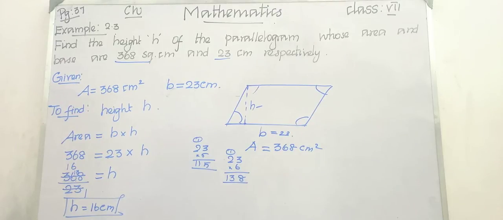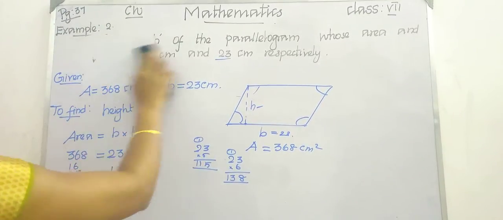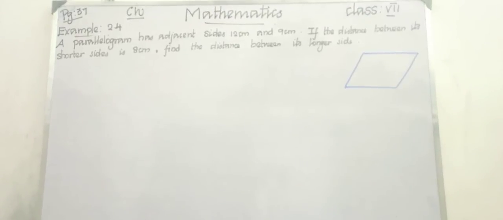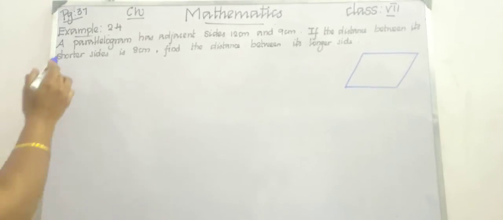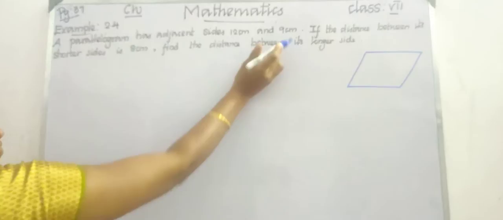After completing this one, let us see example 2.4. Read the question. A parallelogram has adjacent sides 12 centimeter and 9 centimeter.